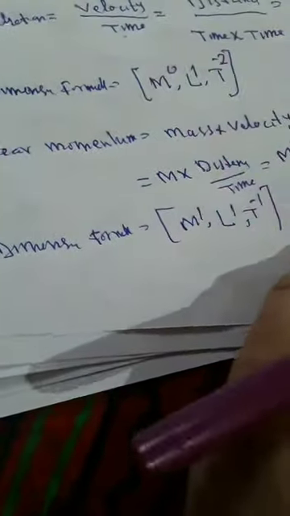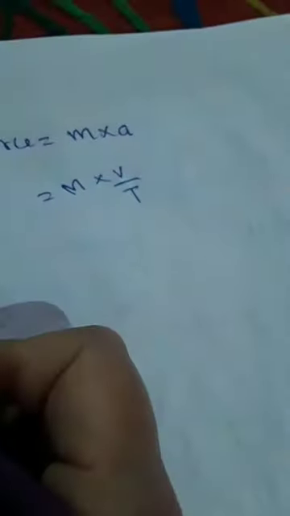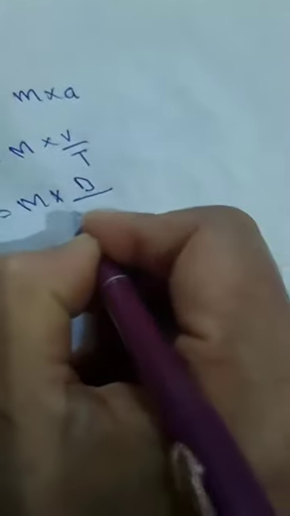In a similar way you can find out the dimensional formula of various quantities. Suppose I take force. Force is equal to mass into acceleration. Mass will be capital M, acceleration is velocity divided by time, and velocity is itself distance by time, because I have to write everything in basic quantities: mass, length, and time.